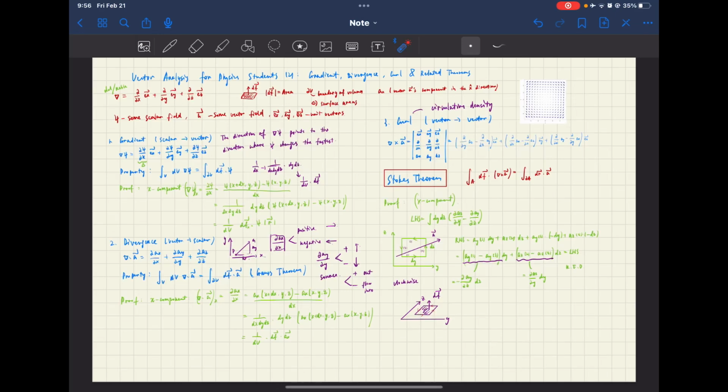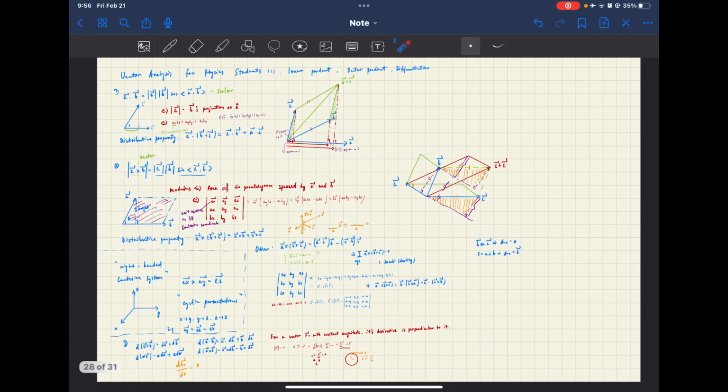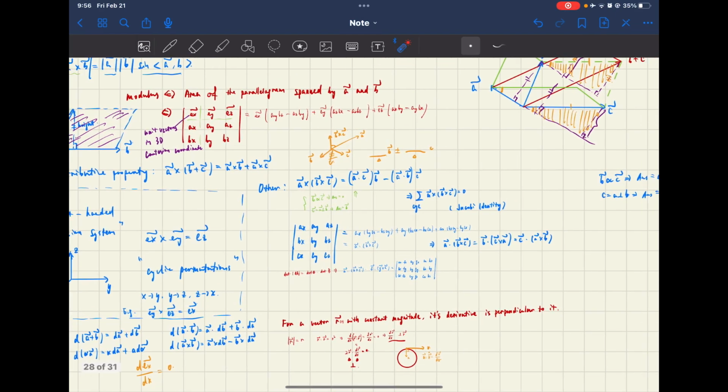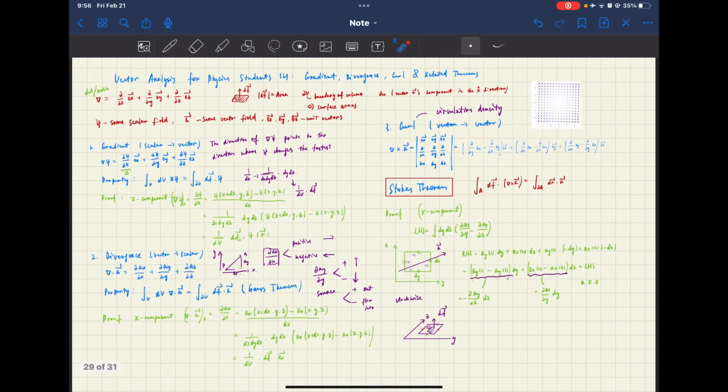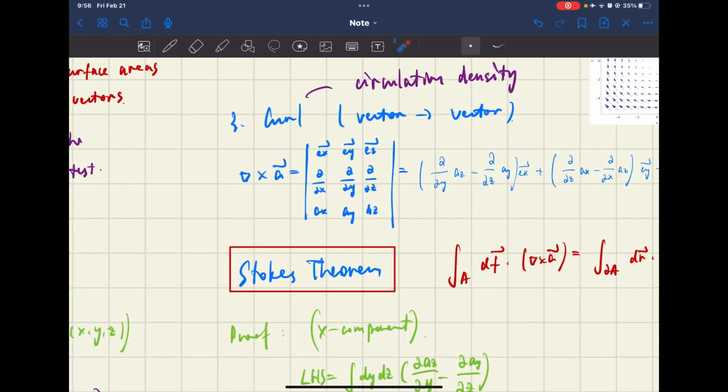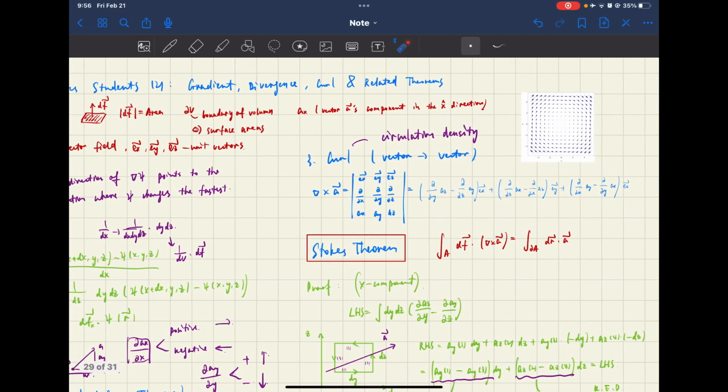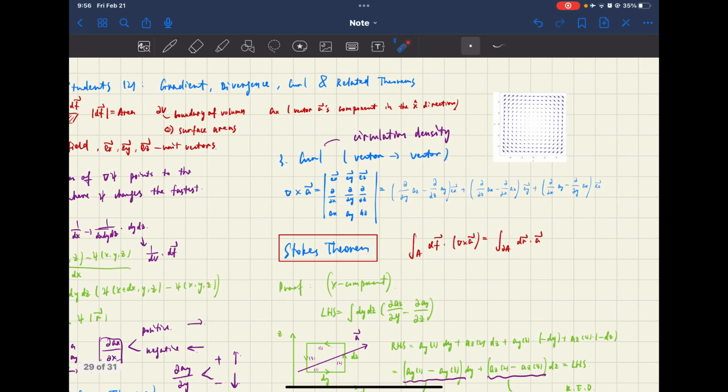Remember how we can calculate the cross product? Algebraically, we can use the determinant, as I said in our last episode. The first row will be the unit vectors along x, y, z, and the other two rows will be the components along these axes.